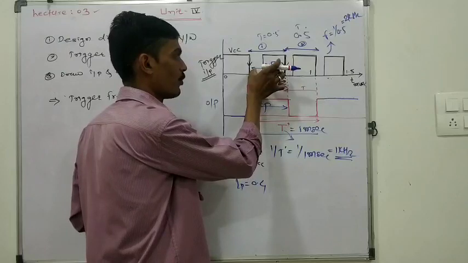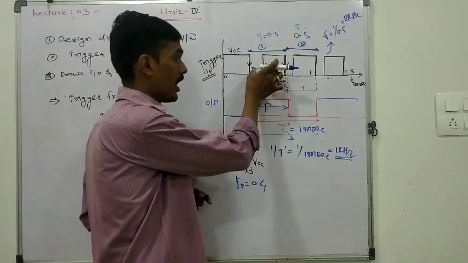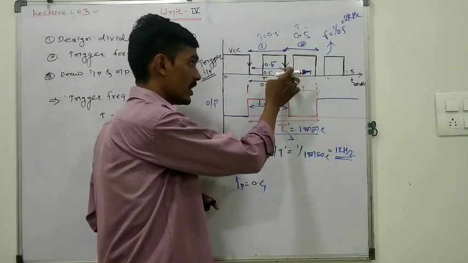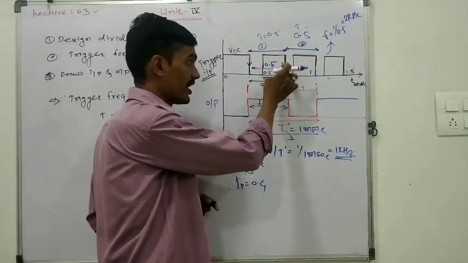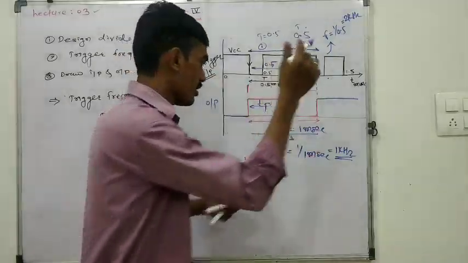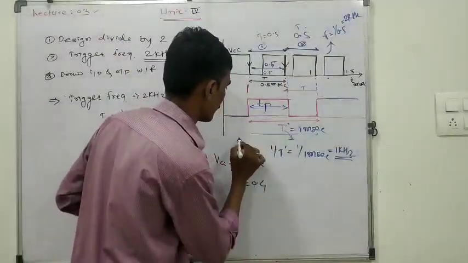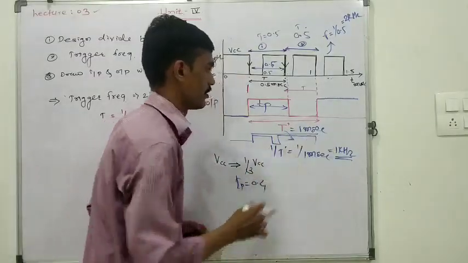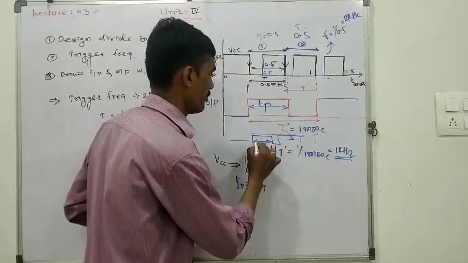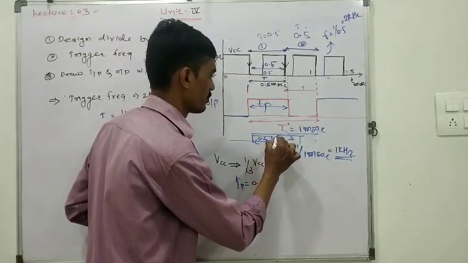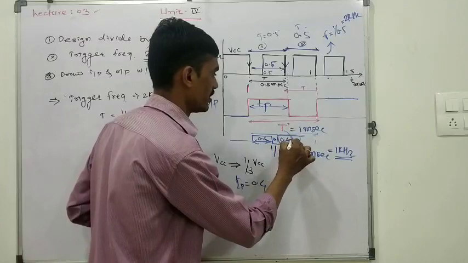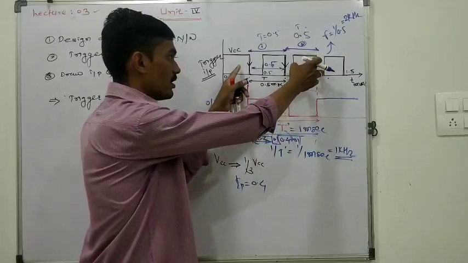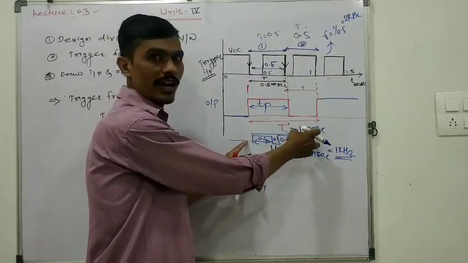It will charge up to 0.4 millisecond. After that it will discharge. Again the next negative triggering is available, and again the capacitor is going to charge. So ultimately we are getting a waveform like this. This is 0.4 millisecond, again this is 0.4 and this is 0.1. Is it right? During these 2 cycles we are getting 2 cycles of the output.